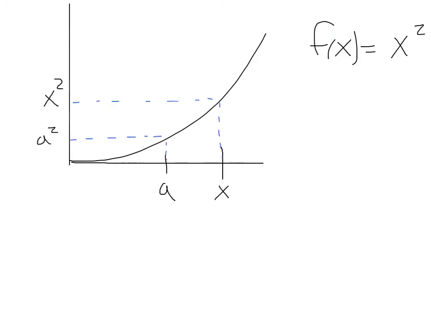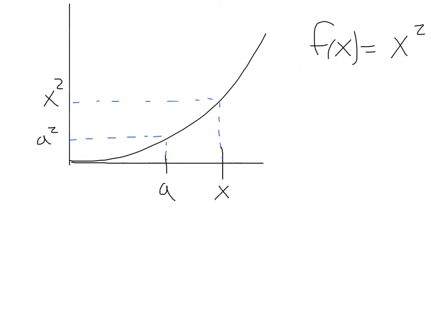And so in order to have the triangle, we need to have a delta y and a delta x. So notice my equation is f of x equals x squared, and if I want to find the y value here, well, the y value has to be a squared if the x value is a, because this is my equation.